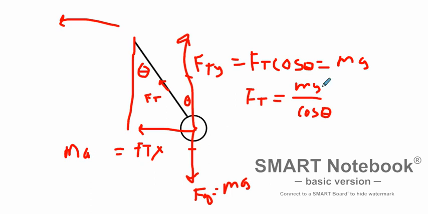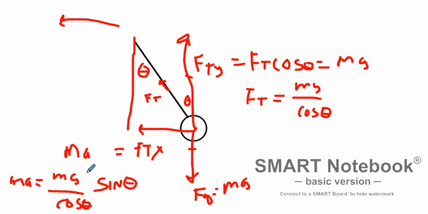Now I'm going to fill in for force tension mg over cosine theta, and that goes there. So I've got ma is equal to mg divided by cosine theta, and I'm just going to multiply that times the sine of theta.